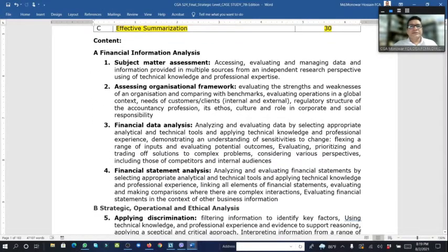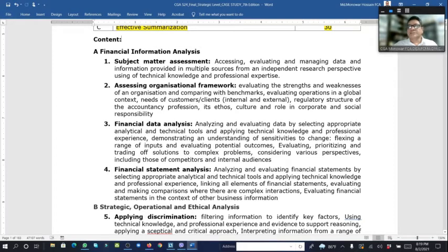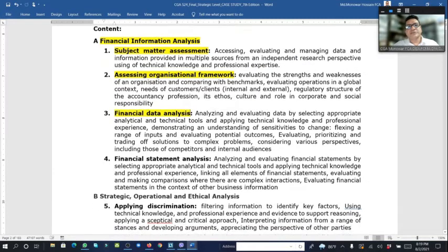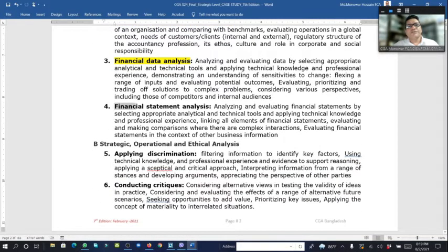There is a huge matter, that means the overall subject. We have 24 subjects, and all of it is summarized within this case study. So, financial information analysis: if we see the syllabus in our CGA paper, we will see the subject matter assignment, assigning organizational framework, then financial data analysis, then financial statement analysis.